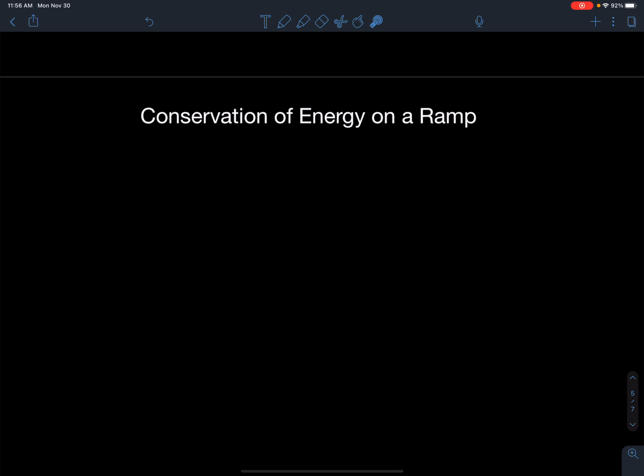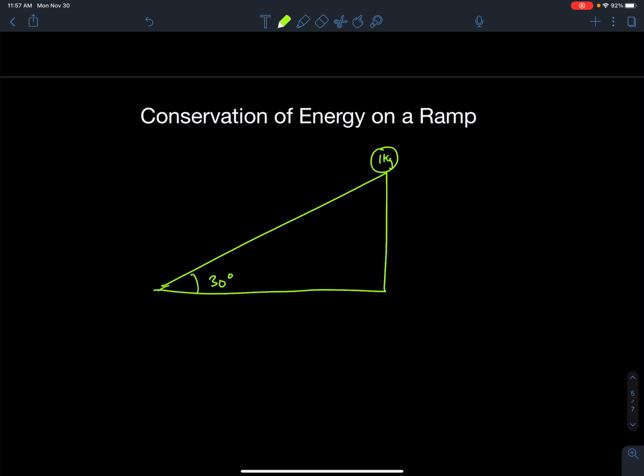Okay, so if I have a ramp, let's say it has a 30-degree incline, and I have a ball that is 1 kilogram on top of that ramp. And let's say the vertical distance here is 10 meters. And let's say there's a friction coefficient of 0.2 on that ramp.